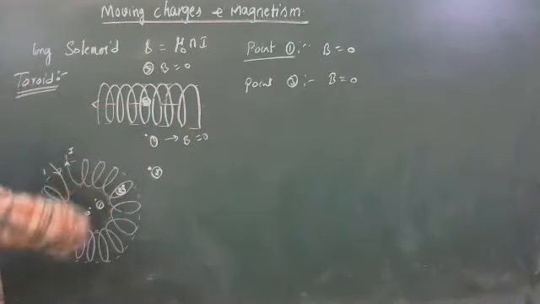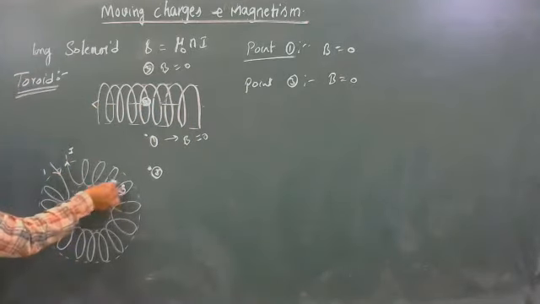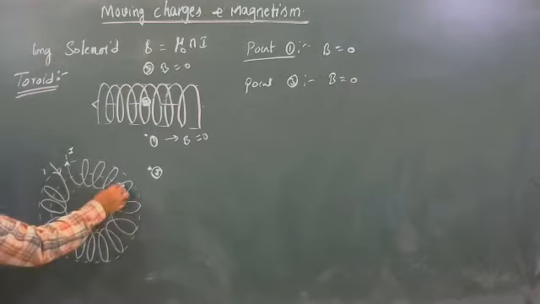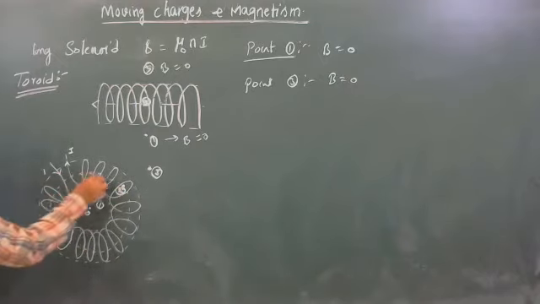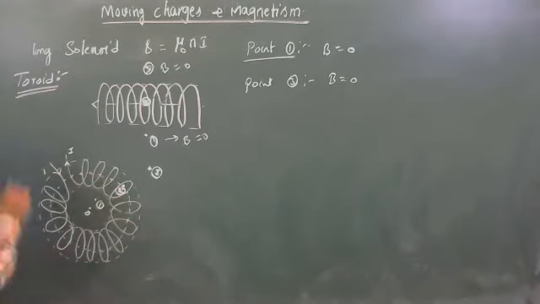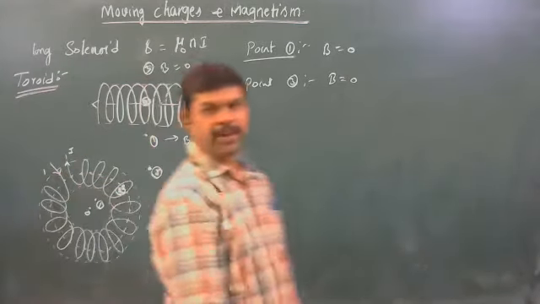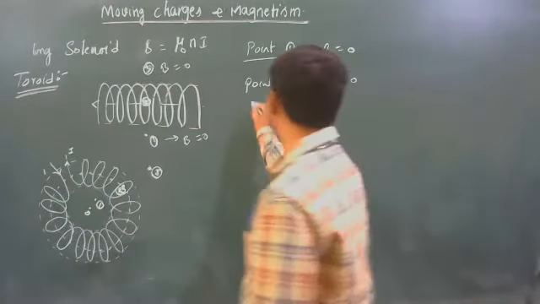Whenever I turn this solenoid like a toroid, this point comes in. So by applying Ampere's law, you can find the magnetic field at this point. At the point 2, where is that point?